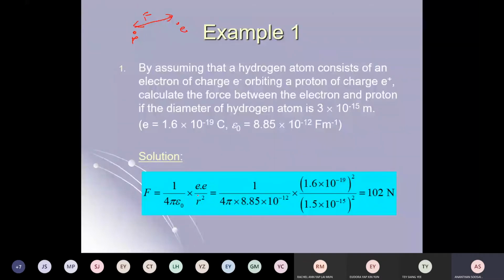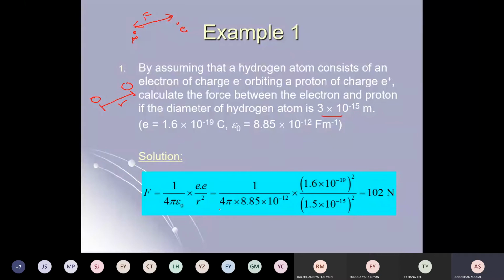They're separated by how much distance? The r is 3 times 10 to the power of negative 15. The distance, we take it the same as gravity. Let's say the sphere of the charge is quite big, then we take from center to center as the r. If it's too small, then that's not possible.